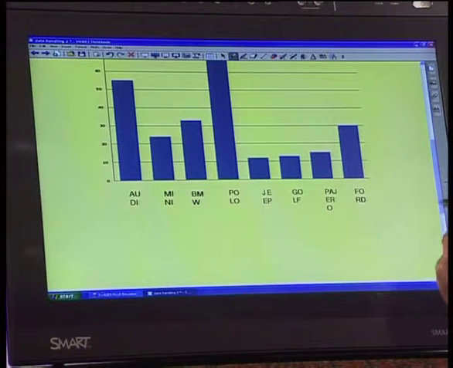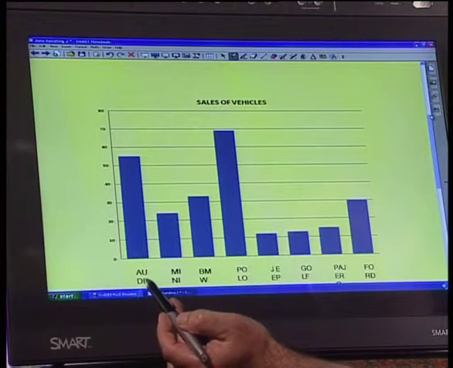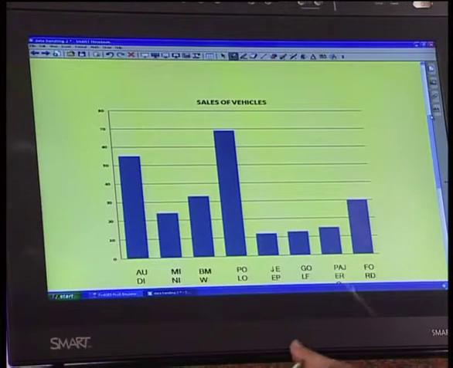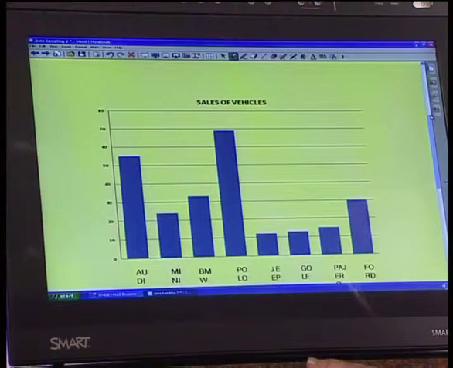Looking at our chart over here on the vehicle sales, let's just move it into focus. Audi, we can say, sold 55 units during the period examined. Mini only sold about 23 units. Again, because it's a graphic representation, we can answer some very good questions.